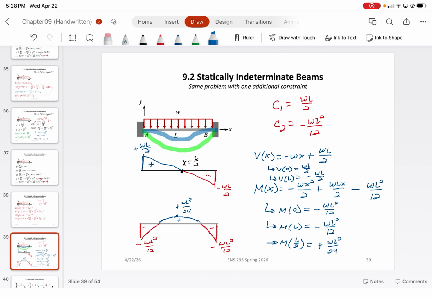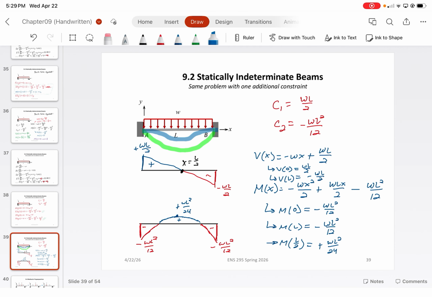Is it the same thing, though? No, it's not. It's option 2. The reason being is because option 1 would be for a pin-pin connection. In option 2, I tried to emphasize the fact that the slopes at A and B are 0. It's such a small detail, but it is important.